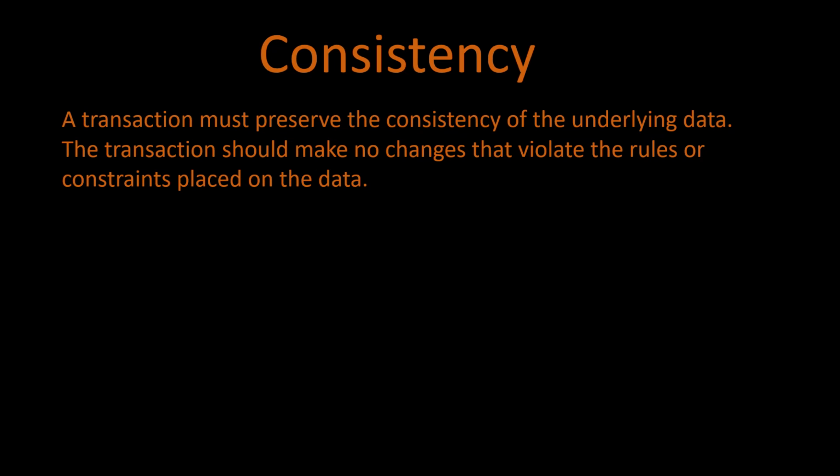Now, the second property is consistency. Whenever we perform a transaction, we have to make sure that whatever data is there should be consistent. For that, we can make some constraints so that those constraints are followed by the application. For example, we should make sure that account balances should not be negative, because that is a constraint that we have to put.